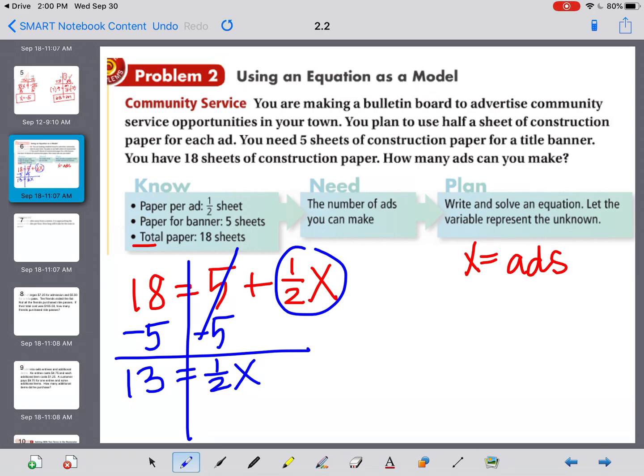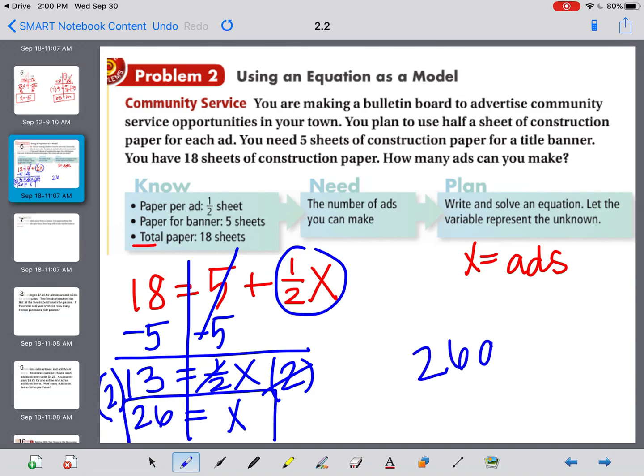Because this is multiplication, I'm going to have to divide next, but in order to divide the fraction, I'm really just going to flip it and multiply by its reciprocal. So instead of dividing by 1/2, I'm going to multiply by 2. Okay, that'll get rid of this part, and we'll find out that x, or our number of ads that we can make, is 26. 26 ads.